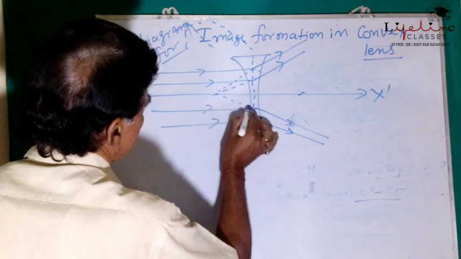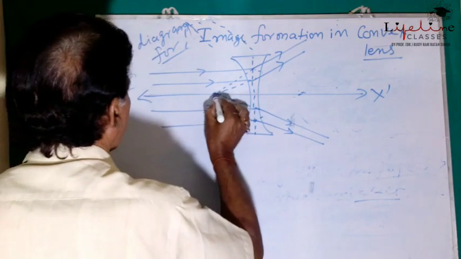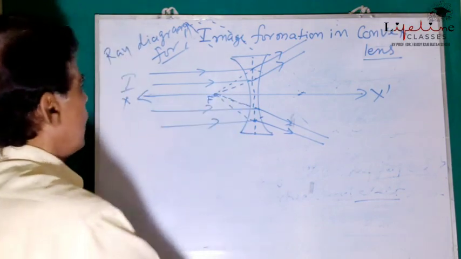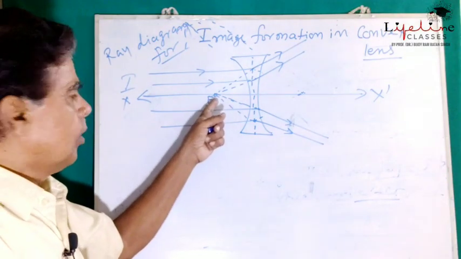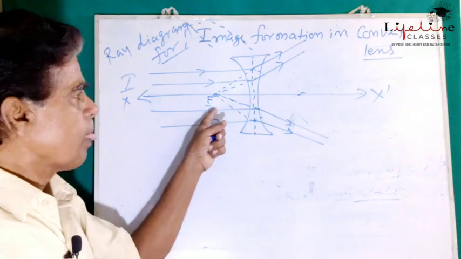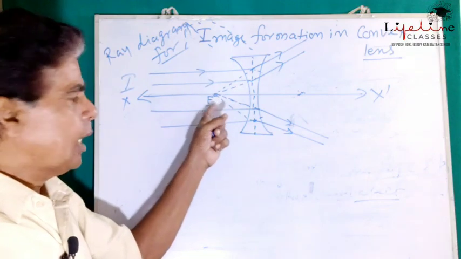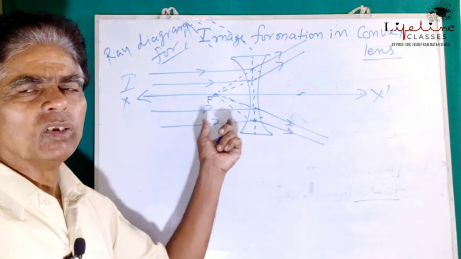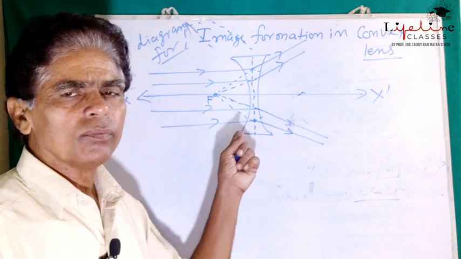If we extrapolate, these are supposed to meet at principal focus. So this is the position of image, which is virtual, erect and diminished, highly diminished in size, means point size image will be formed in this case.